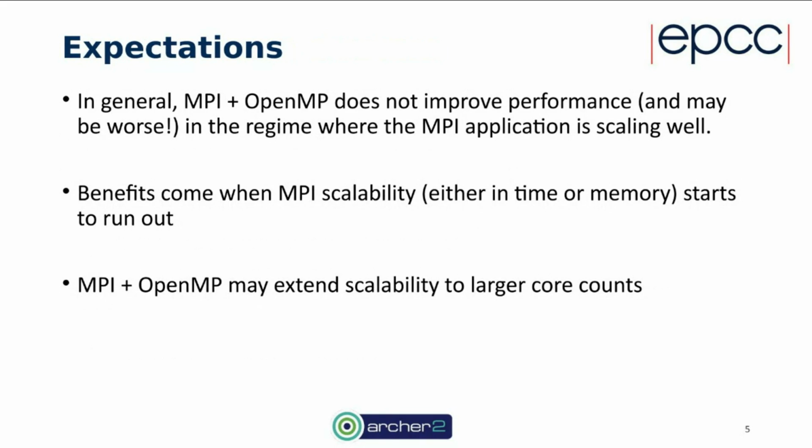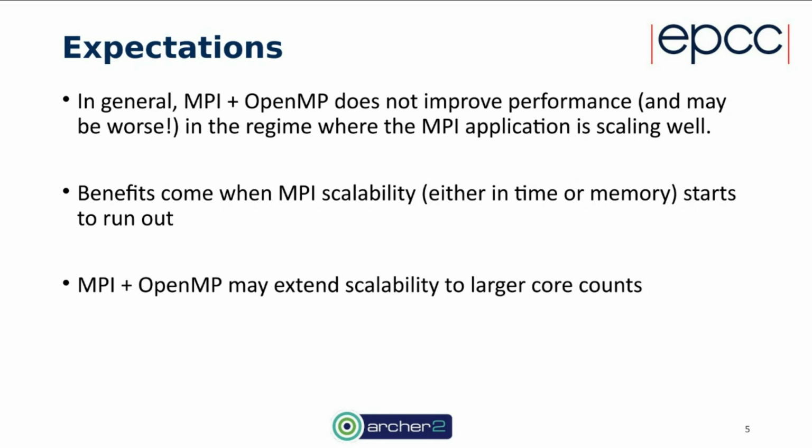It's not a magic bullet, and in general, MPI and OpenMP together does not improve performance, and may actually make it worse if we're in the regime where the MPI application is still scaling well. So if your MPI code is scaling fine up to the number of cores that you're interested in running on, then there's likely to be very little advantage in going hybrid.